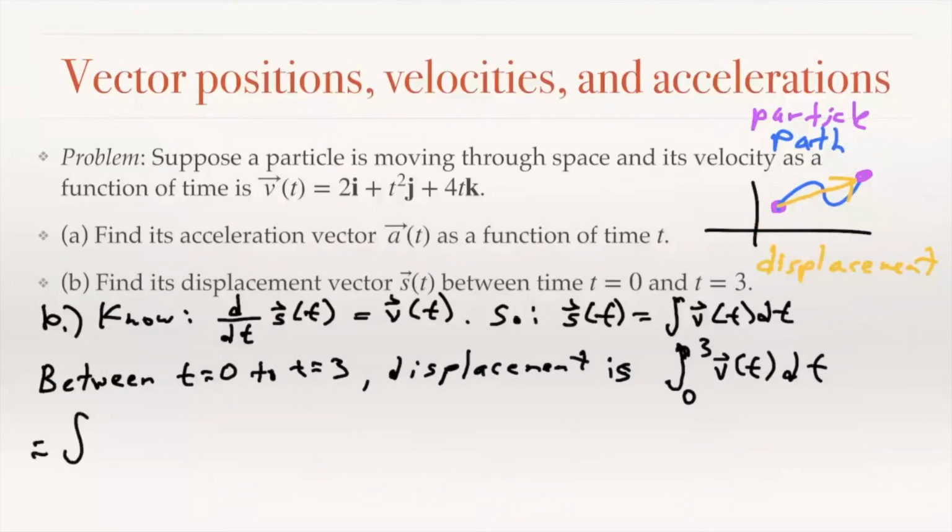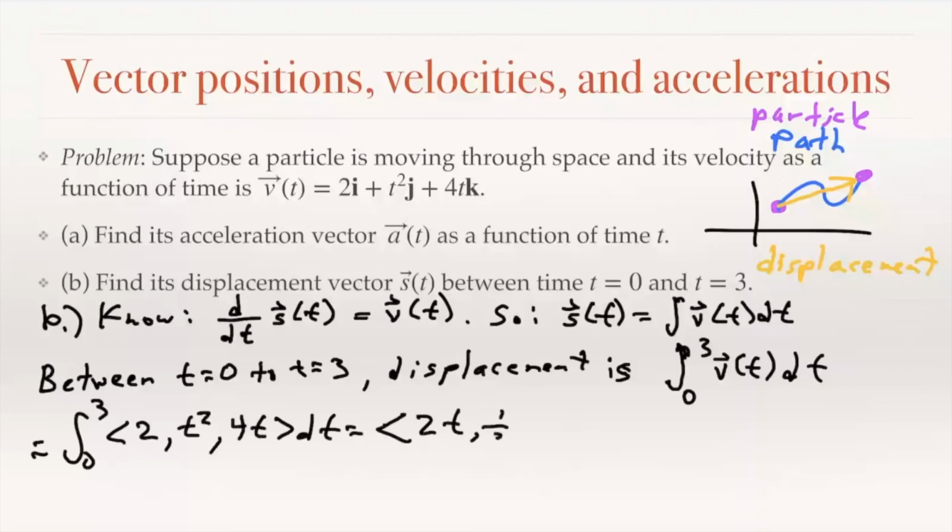And that is the integral from 0 to 3 of 2, t squared, 4t dt. That is integrating each component, this vector evaluated between 0 and 3.